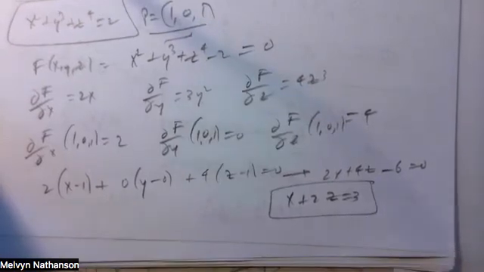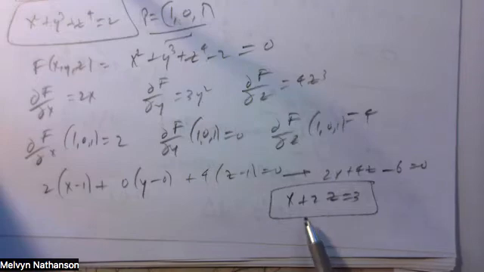So this is the equation of the tangent plane to the curve at this point. You'll notice (1, 0, 1) satisfies this equation, so this plane does go through our point, and that's the equation of the tangent plane.